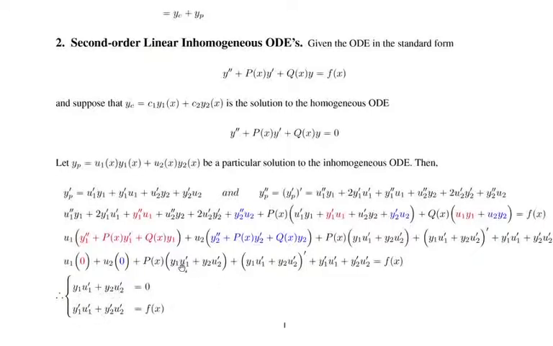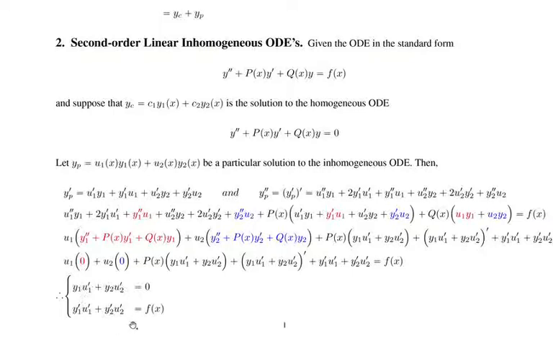So if I assume this is equal to 0, which I put as my first equation, then the derivative of 0 is 0. I'm going to get the second equation to be y1 prime u1 prime plus y2 prime u2 prime equals f of x. So now I have two equations with my two unknown functions u1 prime and u2 prime, and with those two equations, we can find what u1 prime and u2 prime are.